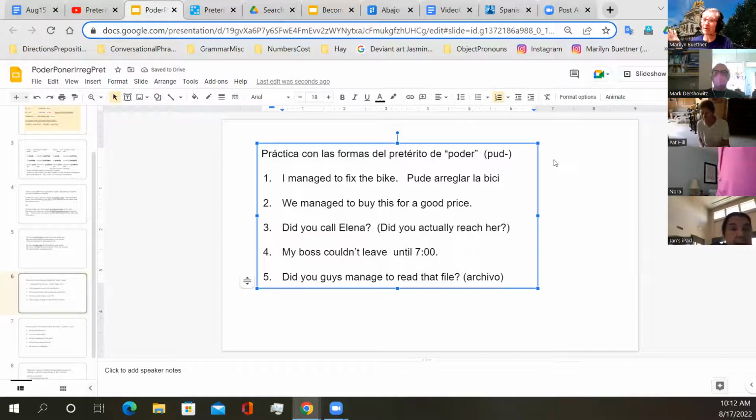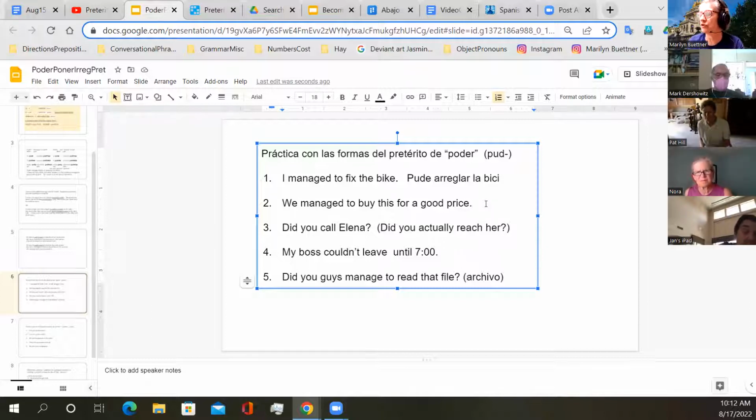And people will not bother with the yo in most cases because everybody knows that pude is the only form that goes with yo. So, you know, with preterito, we get back to that habit of, in most cases, not bothering with the pronoun of the human being who did that action because, you know, it's obvious, es obvio.